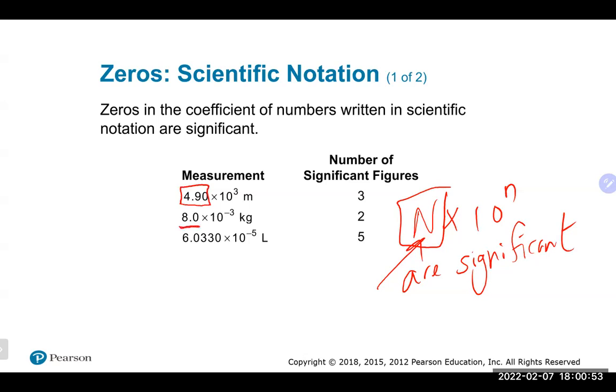Here we see 2. And obviously here we see 2, 4, and 5. Because it typically needs to be a number between 1 and 10 in scientific notation, you typically will always find yourself with a decimal in that number. And that means any zeros that come at the end will still be significant for the same rules.